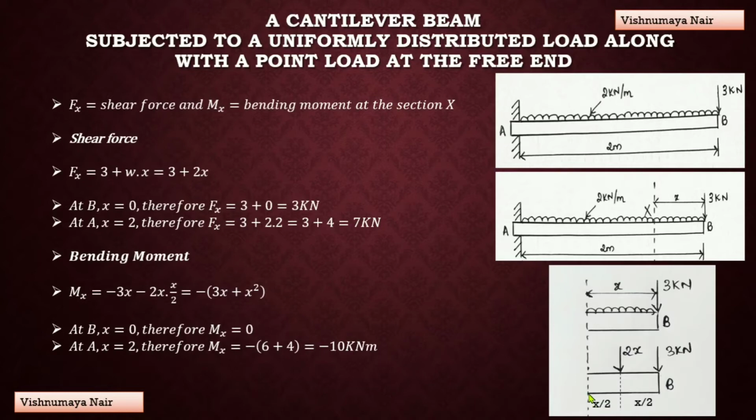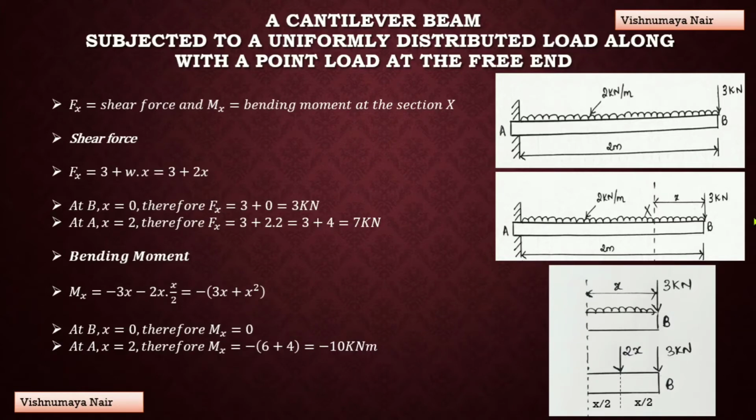And also, the forces acting in the downward direction on the right portion of the section will be considered as positive. Here we have 2 point loads acting in the downward direction. Therefore, these 2 point loads will be considered as positive. And the shear force will be equal to the algebraic sum of these 2 forces. That is, shear force acting at this section will be equal to 3 plus 2x.